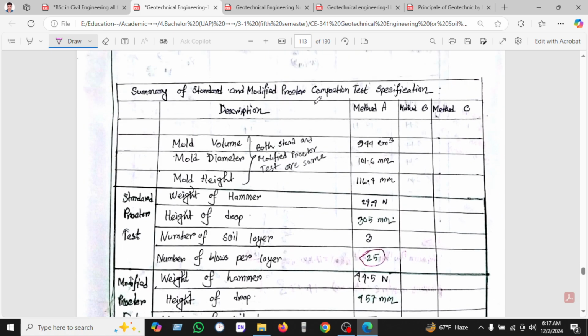Okay, modified Proctor test. Here is a summary of the standard and modified compaction test specifications.